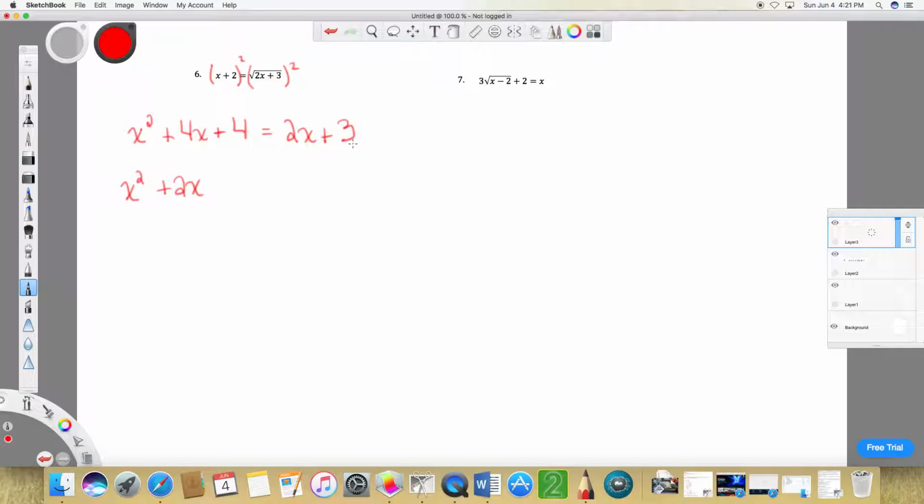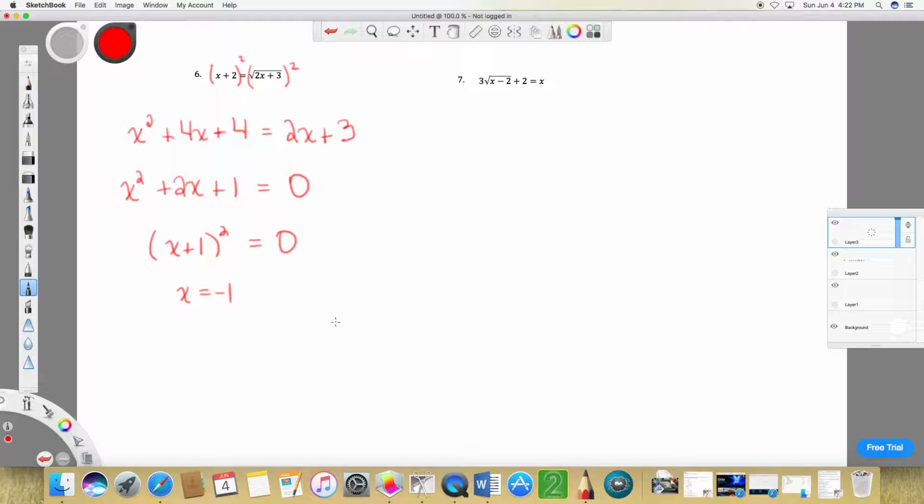Let's also subtract 3 from each side. And so 4 minus 3 is 1, and that equals 0. So on the left, this factors to x plus 1 quantity squared, or x plus 1 times x plus 1. This gives us a possible solution of negative 1.